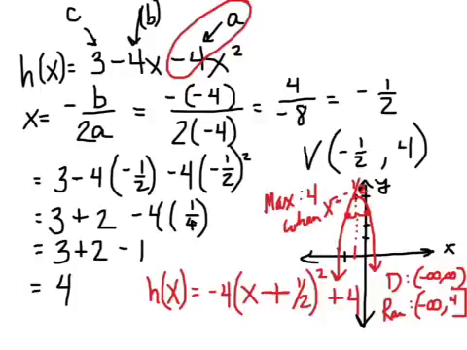If they ask you for the x and y intercepts, the y-intercept was 3. The x-intercept, we'd have to do a little bit more work. We'd have to use the quadratic formula or completing the square in order to get that. It would definitely need another slide, but if you revisit section 4 of chapter 1, that would talk you through how to solve those.